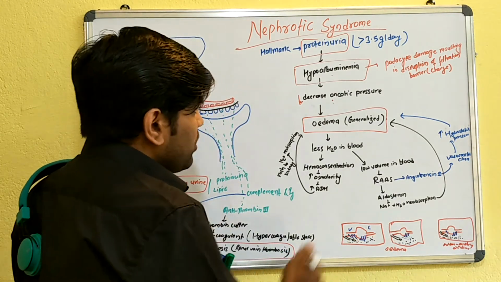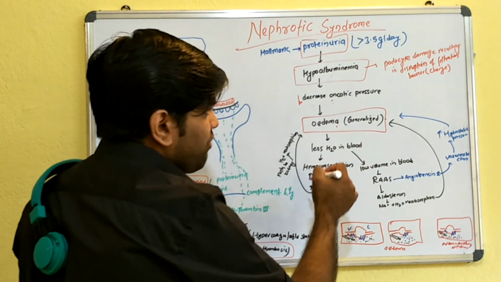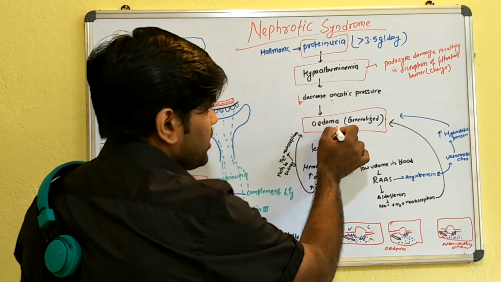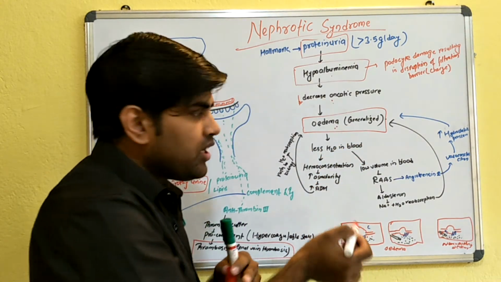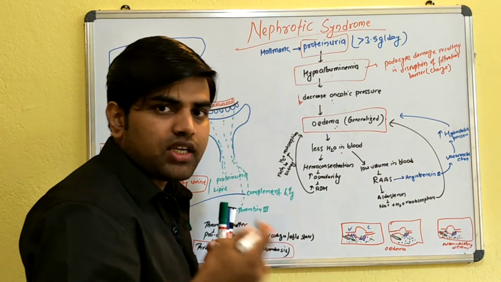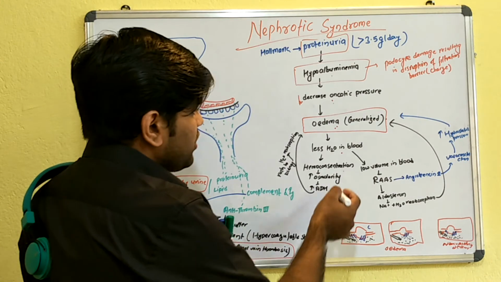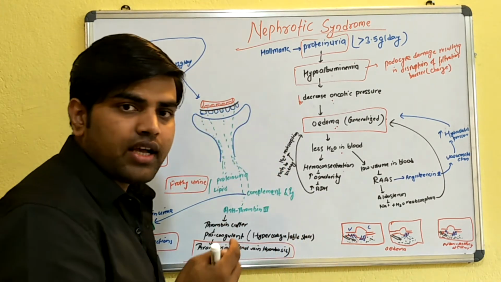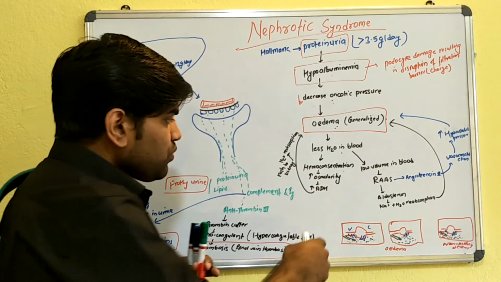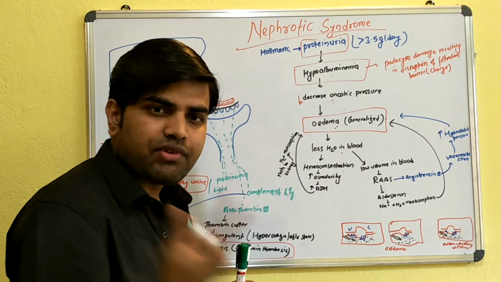Okay, now coming to the edema: since there is generalized edema in the body, there will be other factors that will even precipitate the edema. And what are the factors? Since edema is there, fluid has leaked out from your blood vessel, there is low volume in the blood, so the blood is concentrated, so there is hemoconcentration. Since there is hemoconcentration, there will be an increase in osmolarity, and it goes to the hypothalamus, then increased osmolarity will cause the release of ADH from the posterior pituitary.